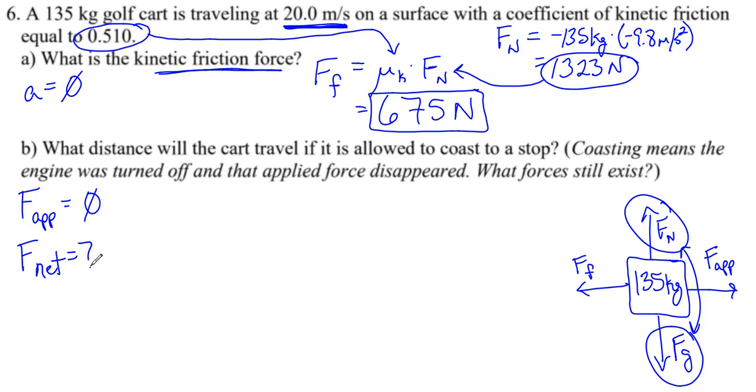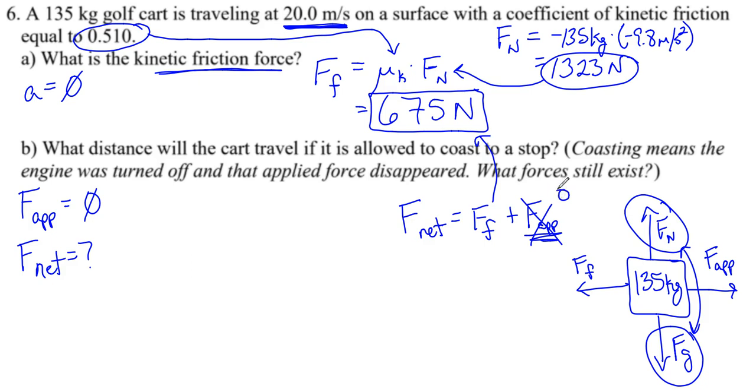Well, the net force right now is just that force of friction that we determined in the first one. So the force of friction plus the applied force is going to give us our net force. Well, our applied force, we just said, is 0.